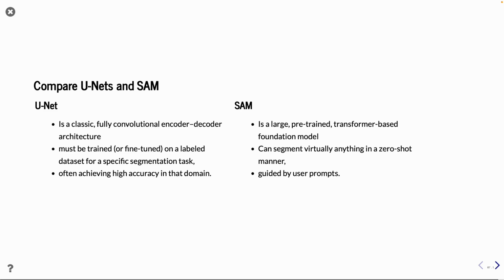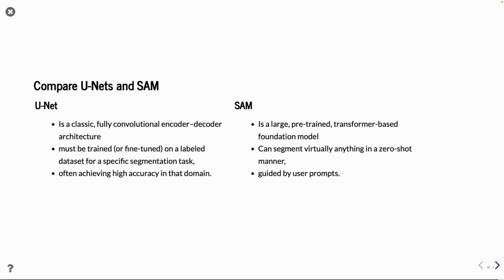If you look at the differences between the UNet and the SAM, the UNet is a fully convolutional network with encoder-decoder architecture, and it must always be trained in order to be useful, and it's trained then for a specific task, and also actually the whole architecture is built up to meet the needs for a specific task.